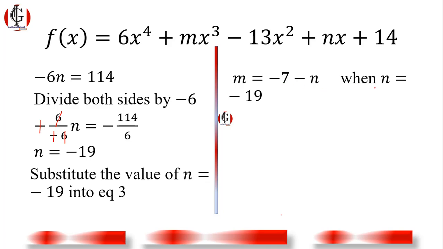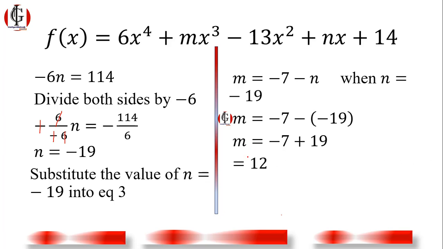So if I put minus 19 for n, I'm going to have m equals minus 7 minus minus 19, and that gives us minus 7 plus 19, so m equals 12. So m is 12 and n equals minus 19.